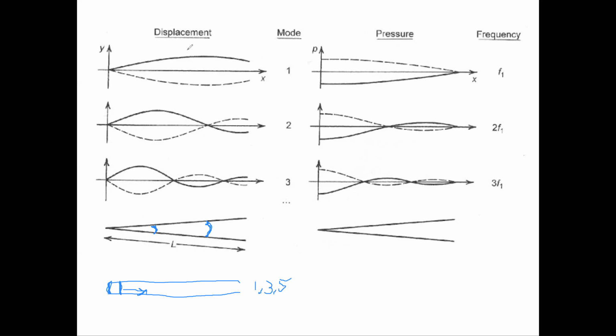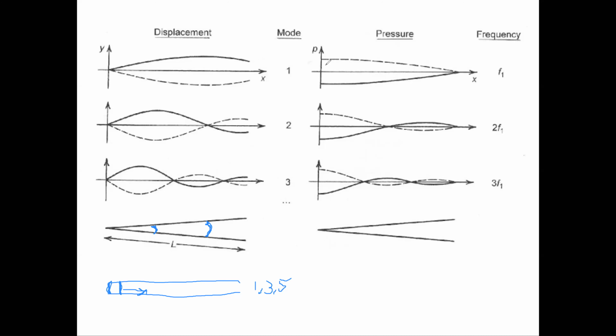It doesn't actually max out at the far end. You'll notice it gets bigger and then it comes down. This is because this has to fall off as 1 over r squared effectively as we move further and further from this. So our true antinode happens before the far end of the instrument when we're looking at displacement.